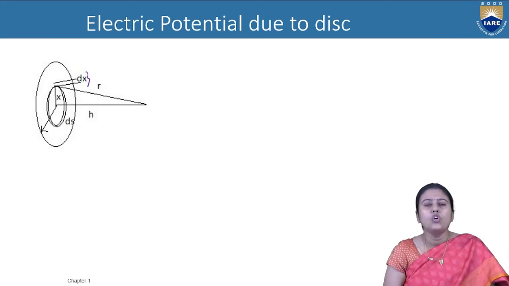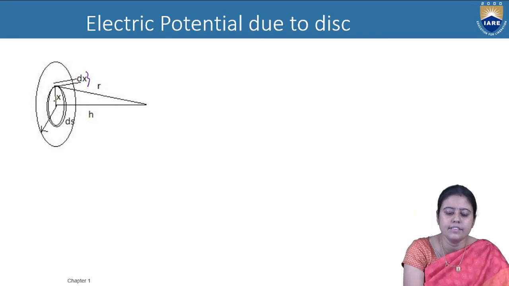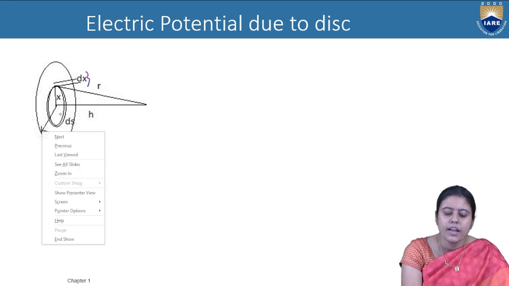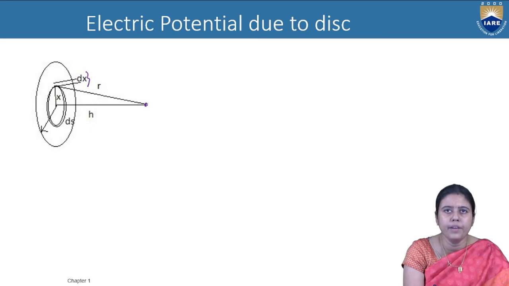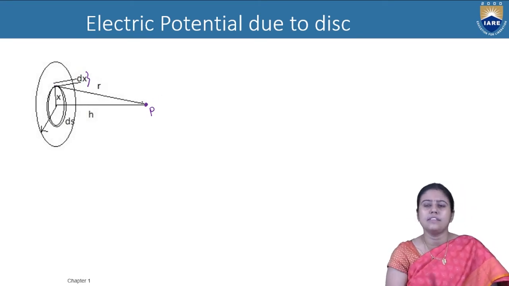Now it has two radii. One is the internal radius, given as x, and one is the external radius, which is x plus dx. Now we are assuming a point P from where we are bringing the charge to the center, and the linear distance is h, and the distance between the disk and the point we are assuming is r.